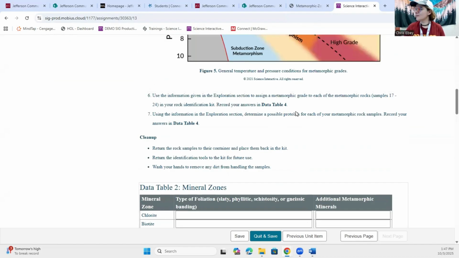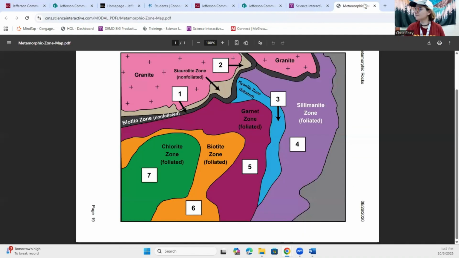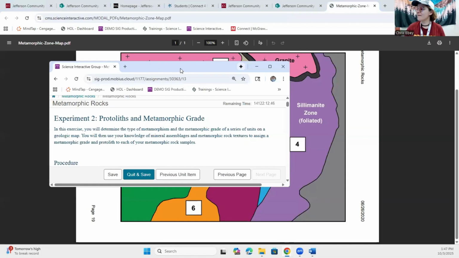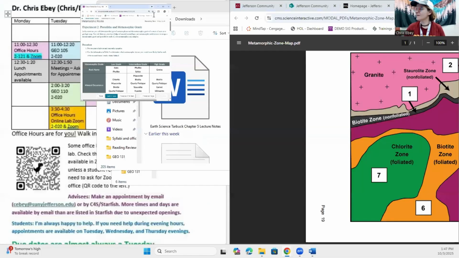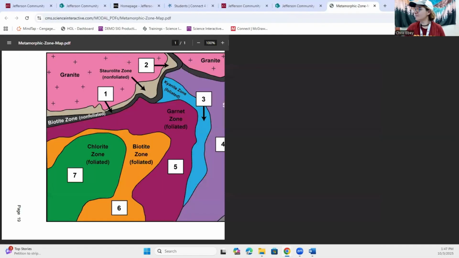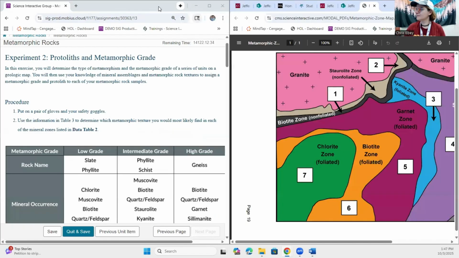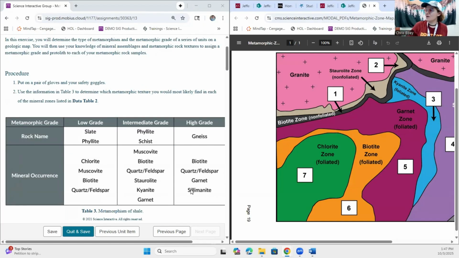So zone 1, let's look at that map again. Where's the map? Here, I'll put this next to it. Let's see if I can do this. Okay, so let's take a look at this. So number 1 is biotite. Biotite is in all of them.